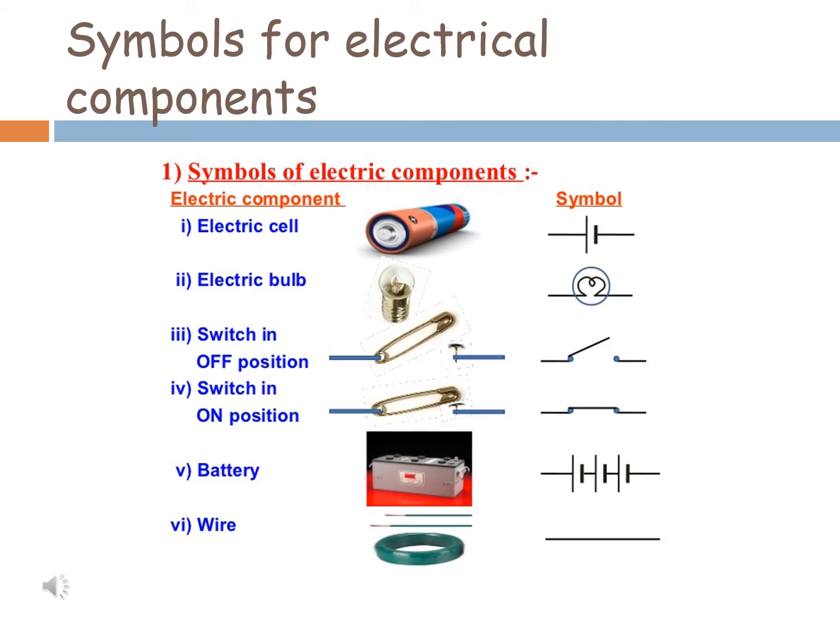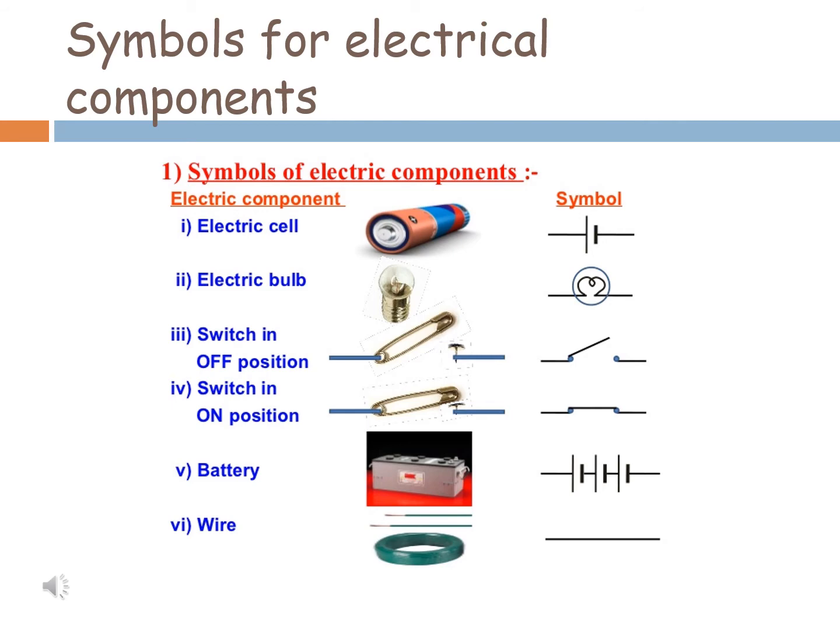So instead of actual diagrams of these components, we can use symbols. That's why scientists have devised standard circuit symbols for electrical components, and these are universally accepted and often used in circuit diagrams, and this makes an electric circuit easy to understand.